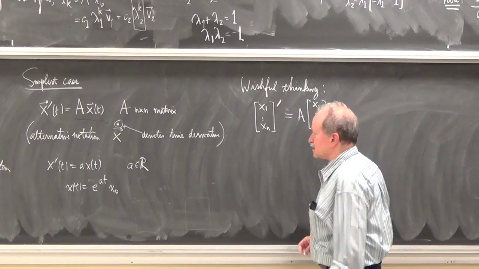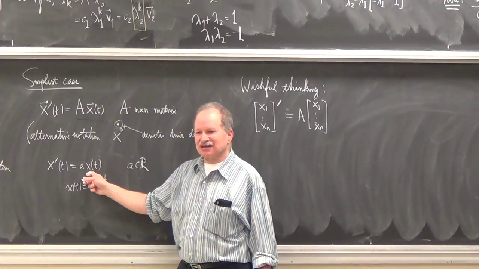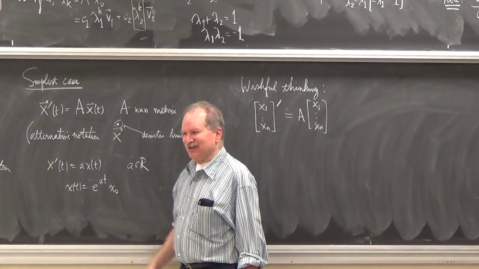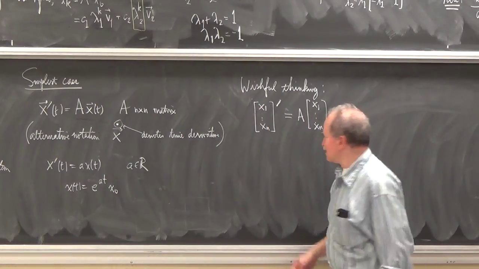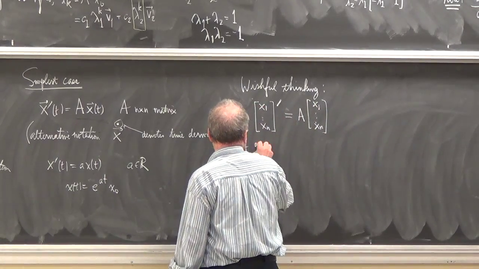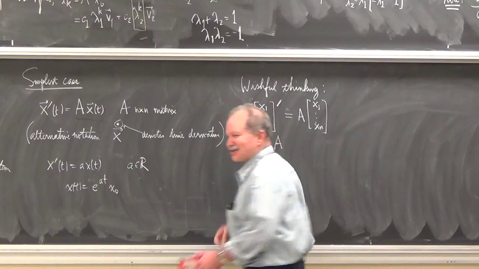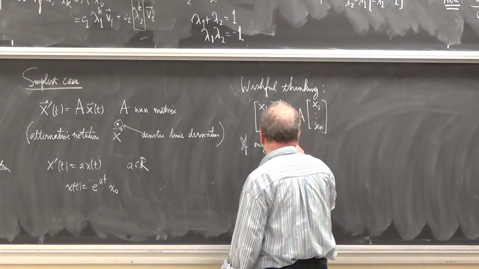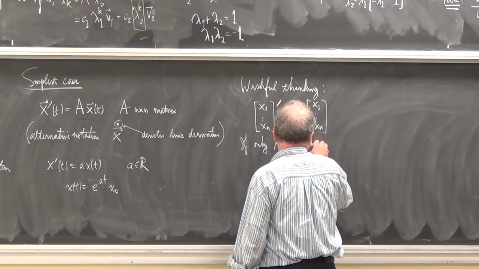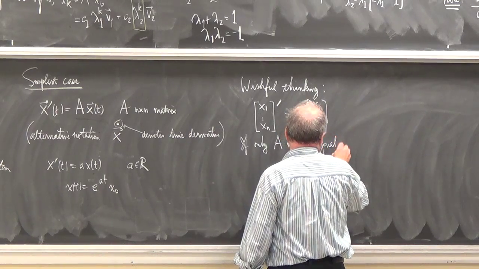What would be the nicest case? If there was a diagonal matrix. It'd be so nice if only A were a diagonal matrix, we could solve this.